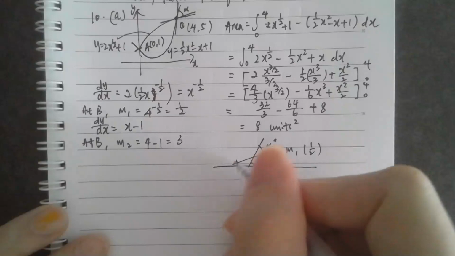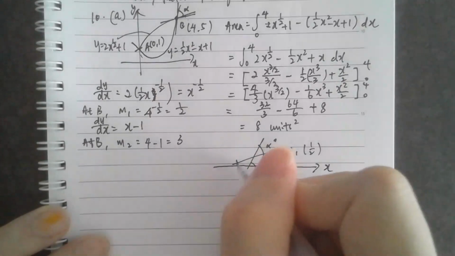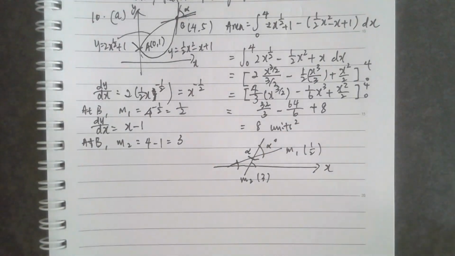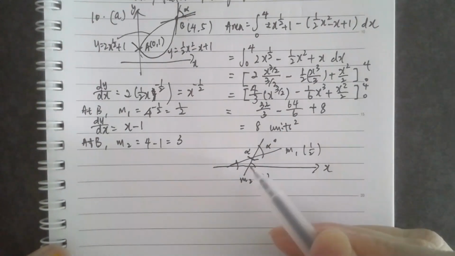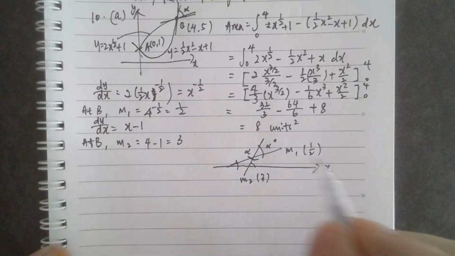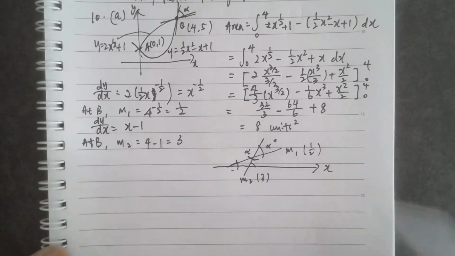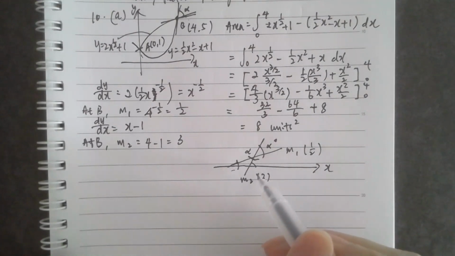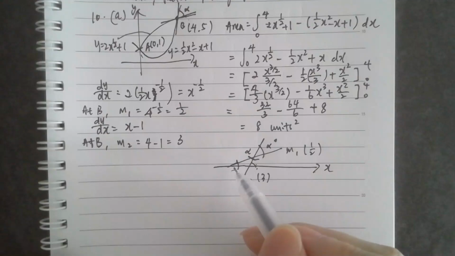Let's say that this is the x-axis, because this is alpha, opposite angles. So these two angles add up to this angle. Therefore the angle at M2, subtract the angle at M1, gives you alpha.